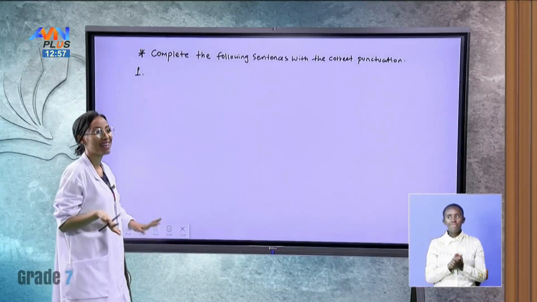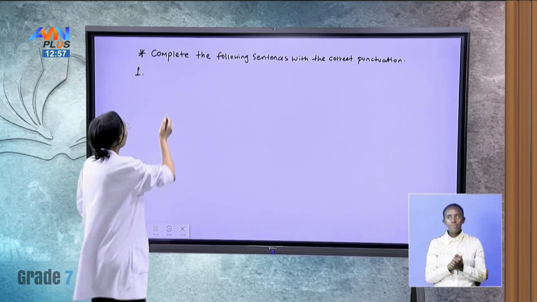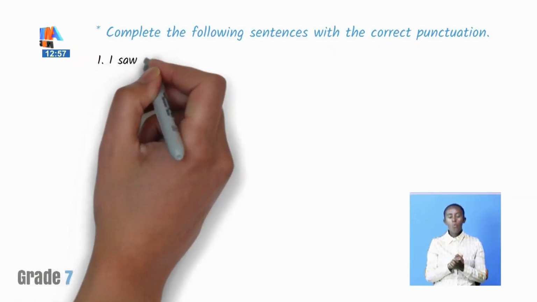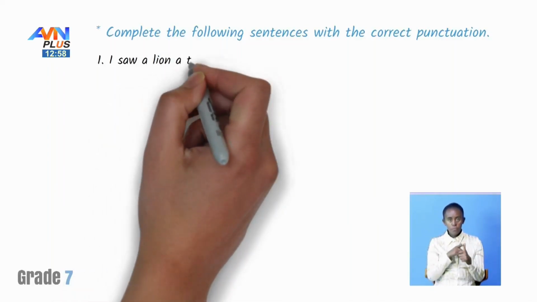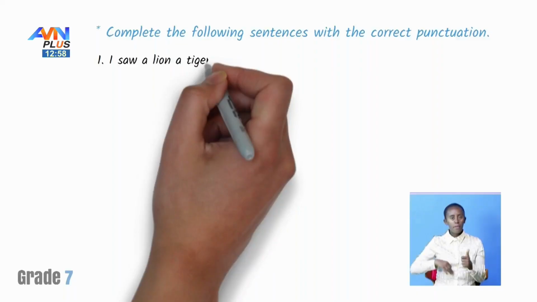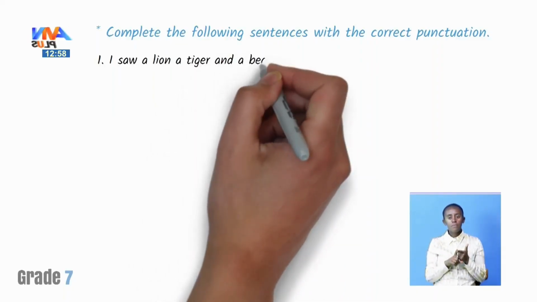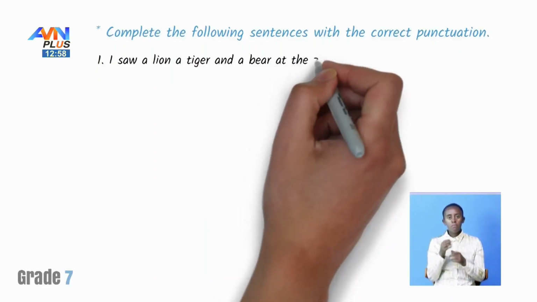Can you tell me? I saw a lion, a tiger, and a bear at the zoo.